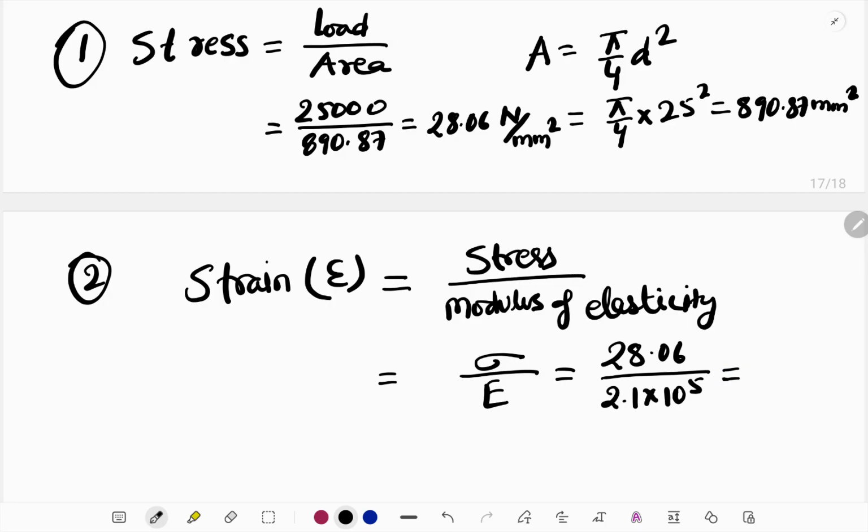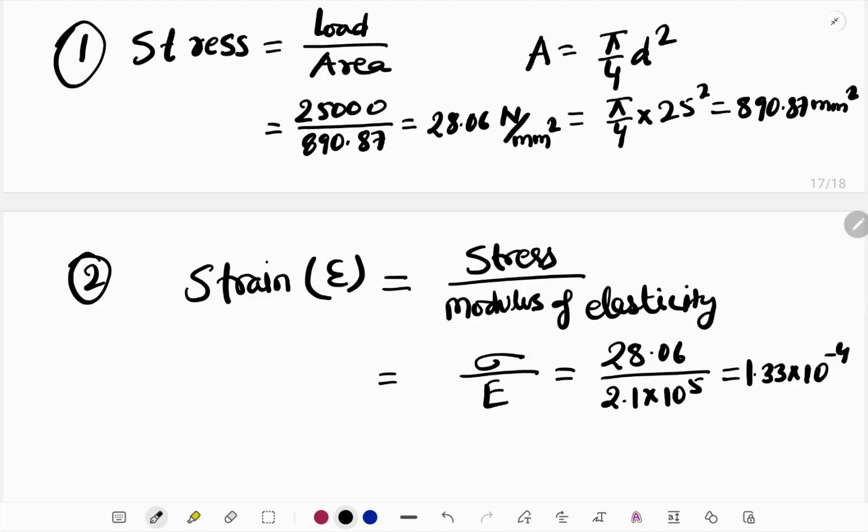So what is the value that we can get here? It will be a very small value, but let us calculate 28.06 divided by 2.1 into 10 to the power 5. Here you get 1.33 into 10 to the power minus 4.